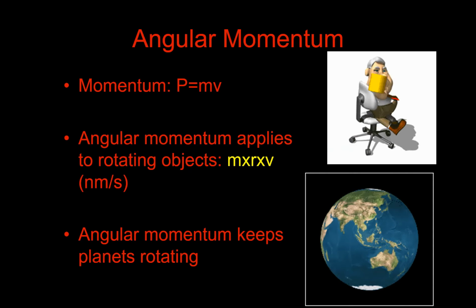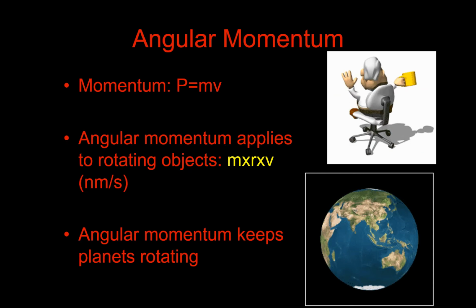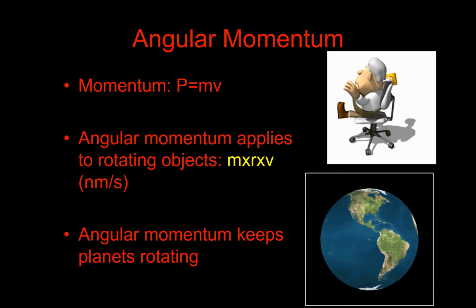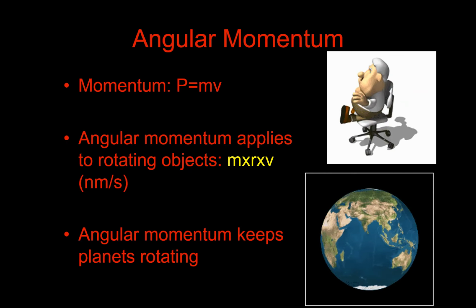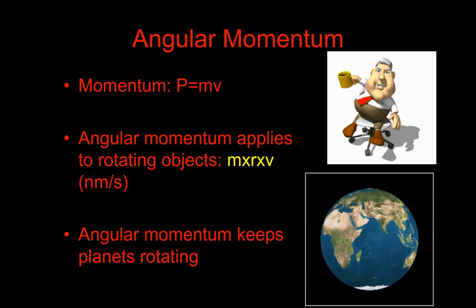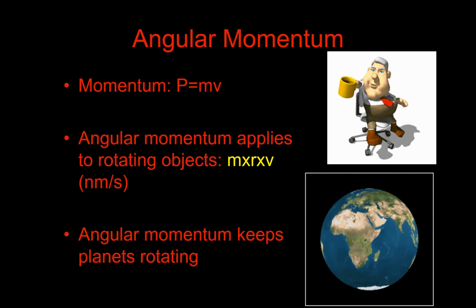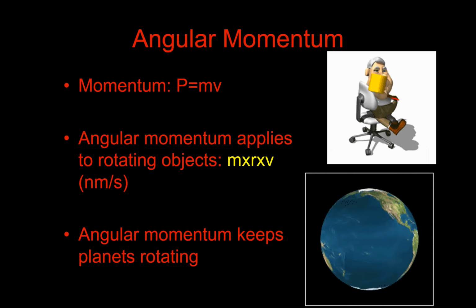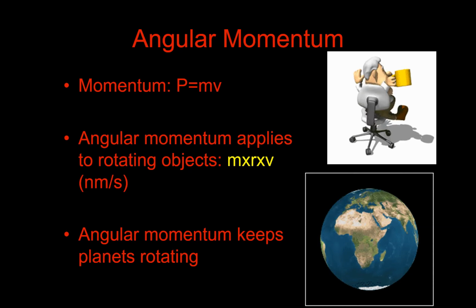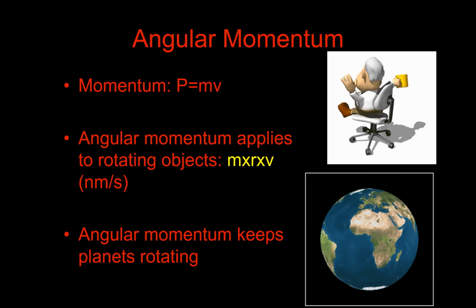If you put your legs out, you will find you will go slower. The reason being that angular momentum is mvr. That means if you increase your radius and angular momentum has to stay the same value, then v will go down. If you decrease your radius and pull your legs in, then v must go up.